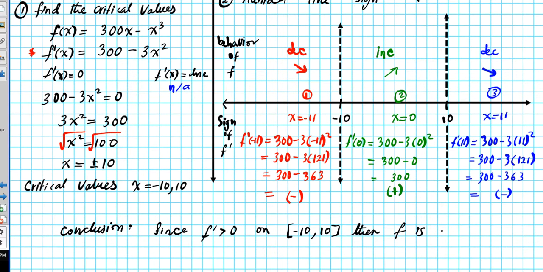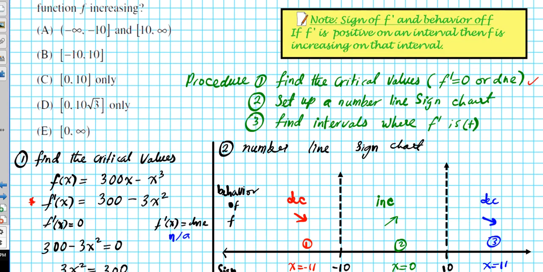F is increasing on that interval. Okay, so our answer is going to be option letter B. That is where the function is increasing.